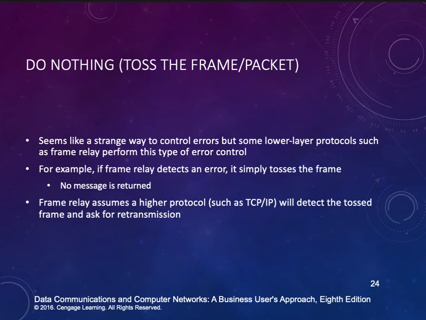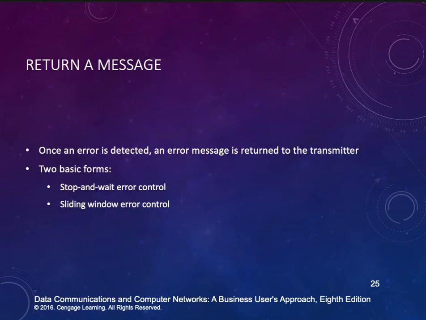A new packet is sent again. Once an error is detected, an error message is returned to the transmitter. So it will stop and wait for the error control, or sliding window error control is performed. We will take a look at the next slide to have a clearer view.